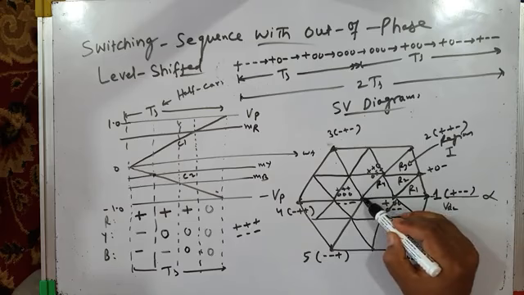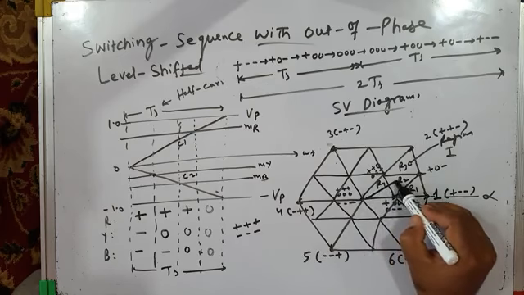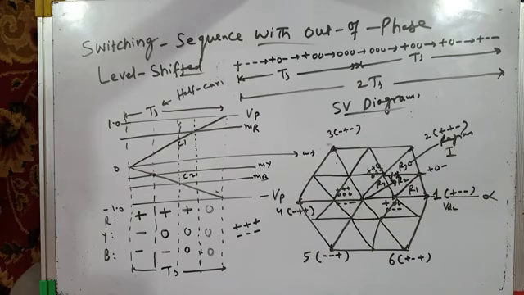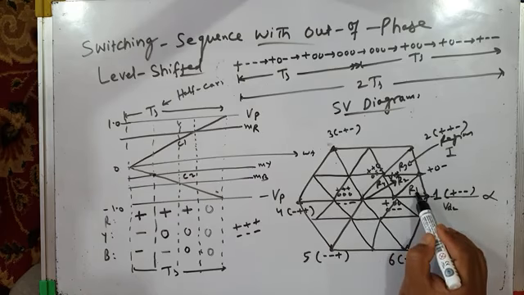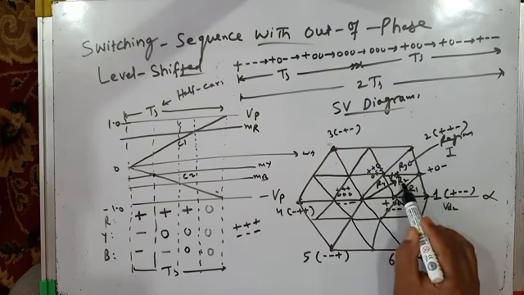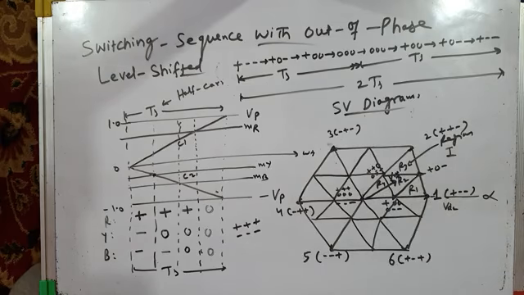Your rotating reference vector Vref at any instant of time may be in any one of the regions in a particular sector, depending upon the modulation index. For example, in sector 1 it may be in region 1 at any instant of time, or in region 2, region 3 or region 4, depending upon modulation index.